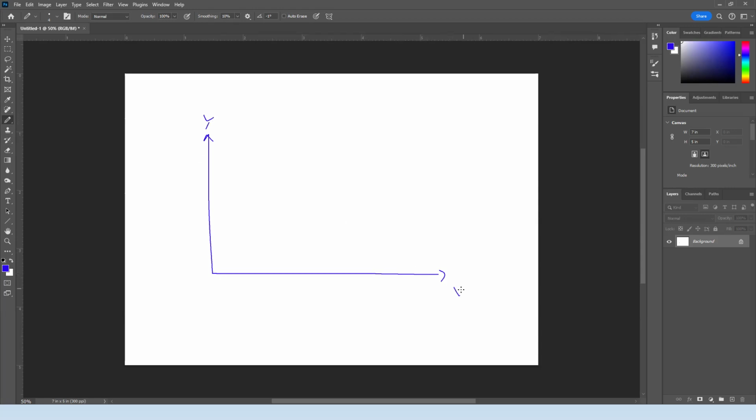Y and X. Whatever the values of X could be, it doesn't matter what we are presenting, but the relationship between X and Y, if it's a straight line, is going to be a linear type of relationship. If we have something like this, then the relationship between X and Y is non-linear.